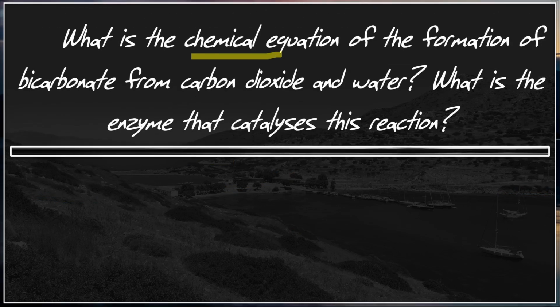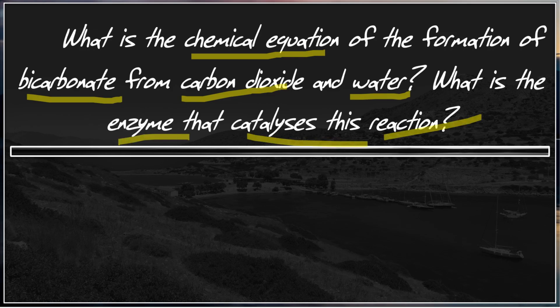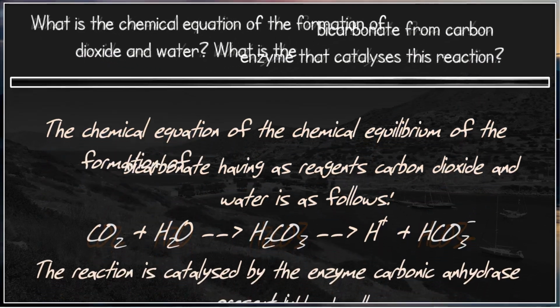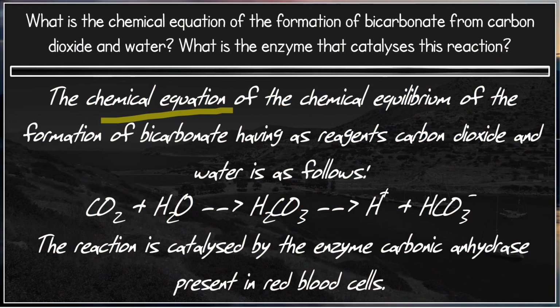What is the chemical equation for the formation of bicarbonate from carbon dioxide and water? What is the enzyme that catalyzes this reaction? The chemical equilibrium for the formation of bicarbonate from the reagents carbon dioxide and water is as follows.